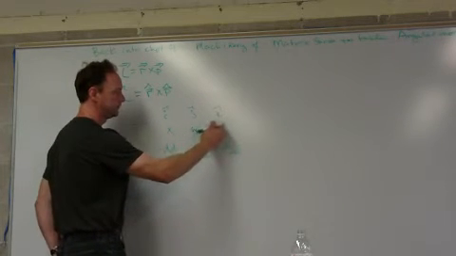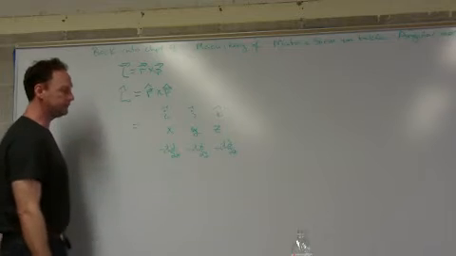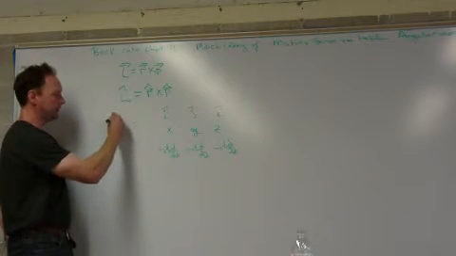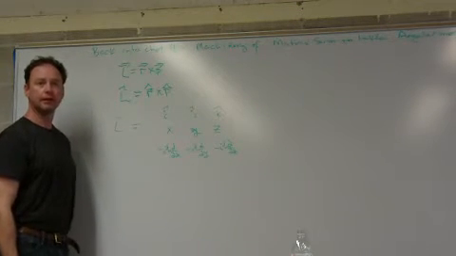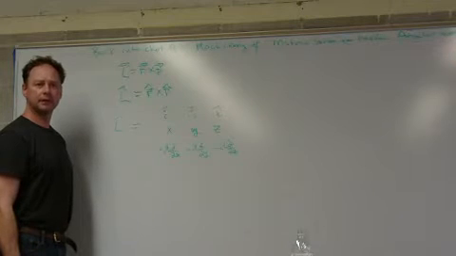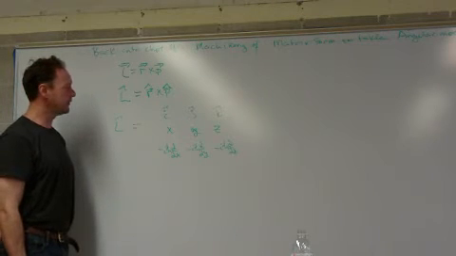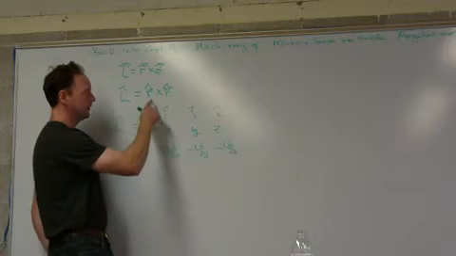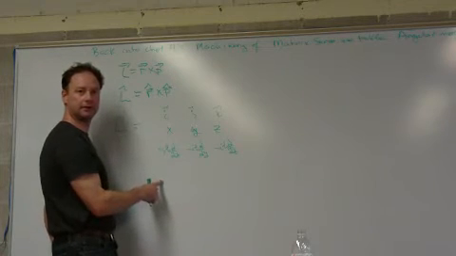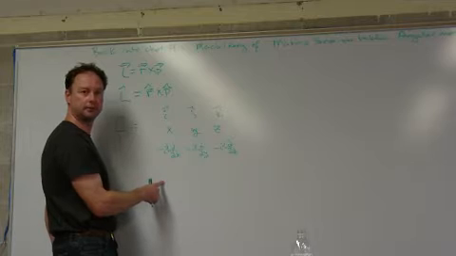We'll go without it. Have you ever seen how this is done? I'm writing this cross product as a determinant. Have you seen how to make a cross product out of a determinant?